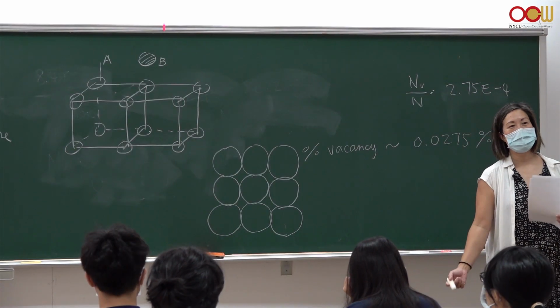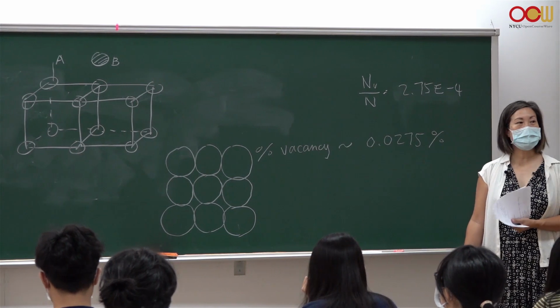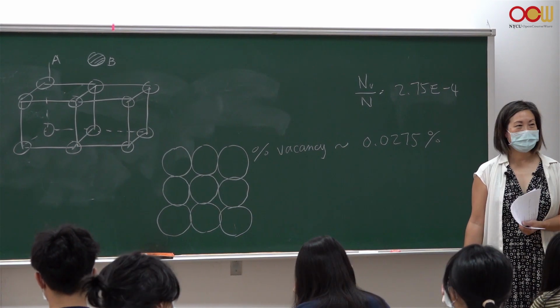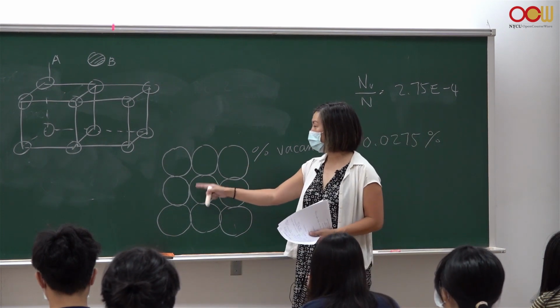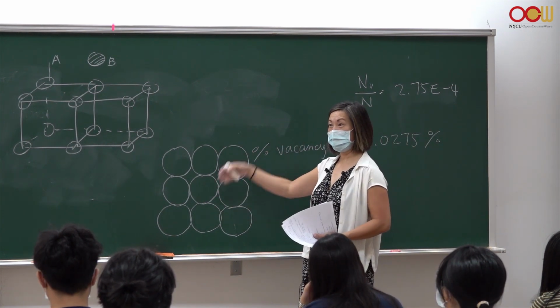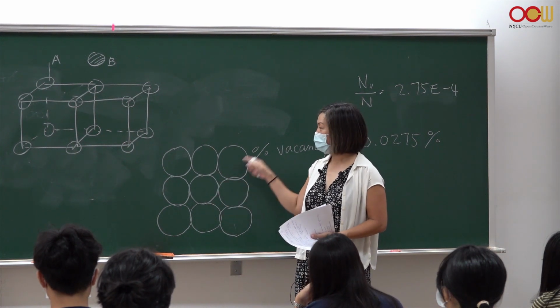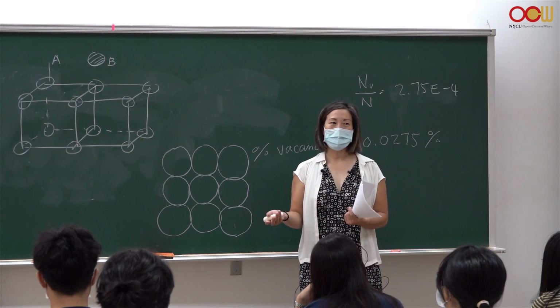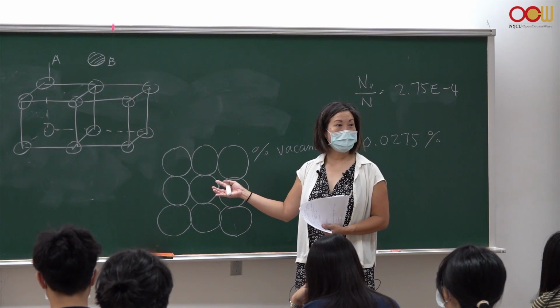So why would I need to have atoms of similar size if I were to form a substitutional solid solution? Right, so that the B atom can fit. So if I were to remove one of these A atoms to form a vacancy and insert a B atom into that vacancy, the vacancy site and the B atom need to be at least similar for that atom to be stable within the structure, right?